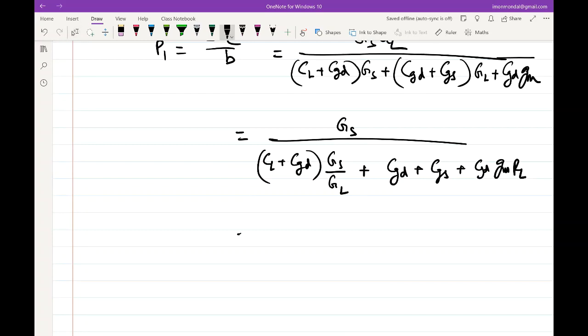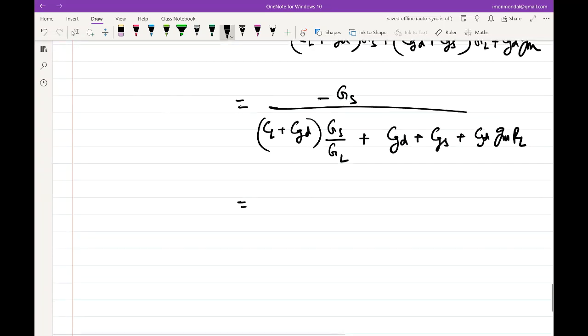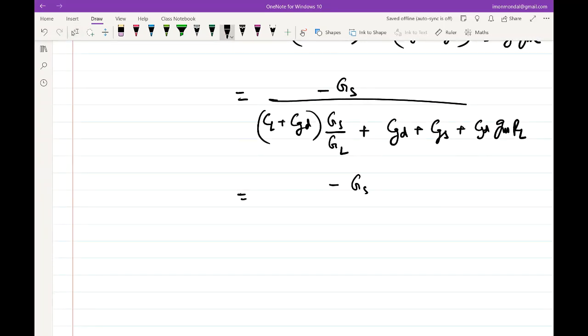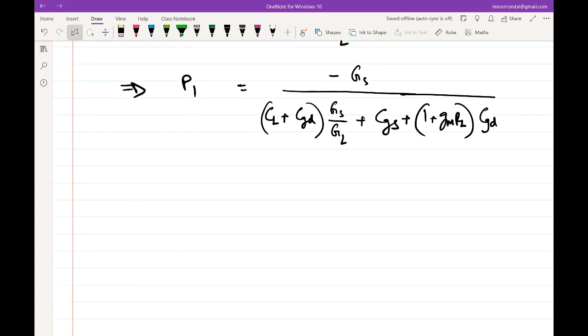So I club a couple of terms together. You will soon see why I am doing that. Okay, so this is P1. So let me sketch the circuit once again to make sense.